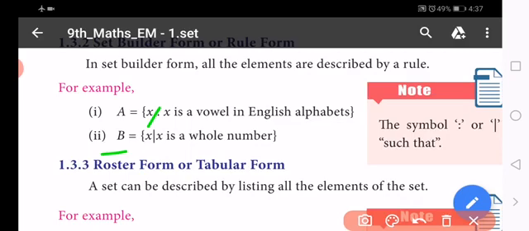The set of all x such that x is a letter in the English alphabet. The set of all x such that x is an integer. The set of all x such that x is a natural number and 3 less than x less than 8. The set of all x such that x is a counting number and greater than 12. So these are some examples of set builder or rule form.